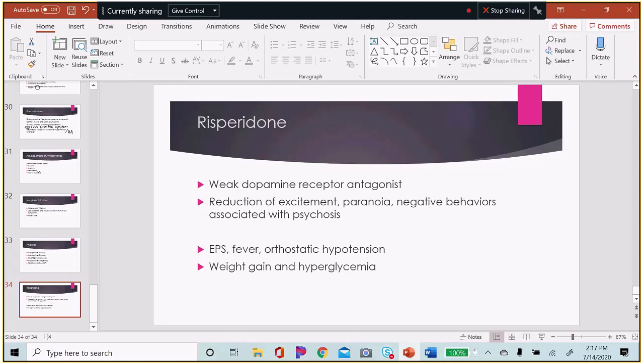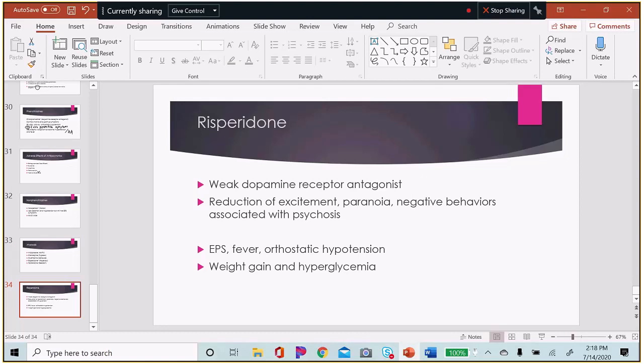And this is also a weak dopamine antagonist, so we still have the risk of fever and extrapyramidal symptoms, but we don't have to worry about neuroleptic malignant syndrome, which is good. So that's one of the great things about it, which is why it seems to be a little bit safer. And it's good at reducing both positive and negative behaviors of schizophrenia, so it does seem to work better.